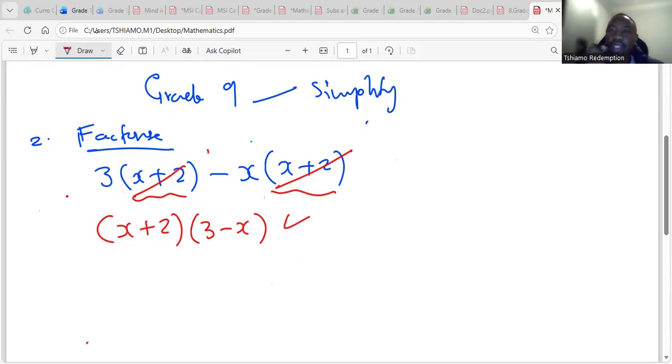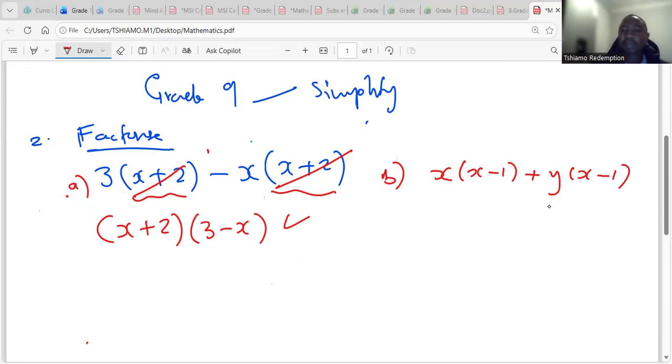So you group together whatever is left after taking out the common bracket. Let's try this one: x(x minus 1) plus y(x minus 1). So what do you notice there? What is common about the two terms?